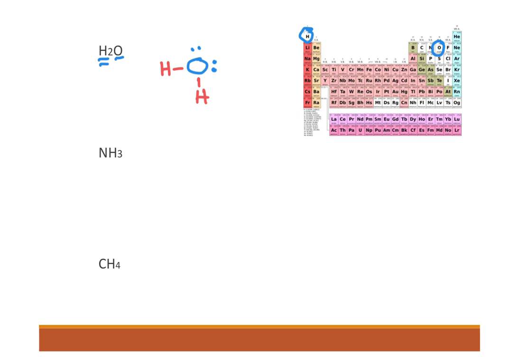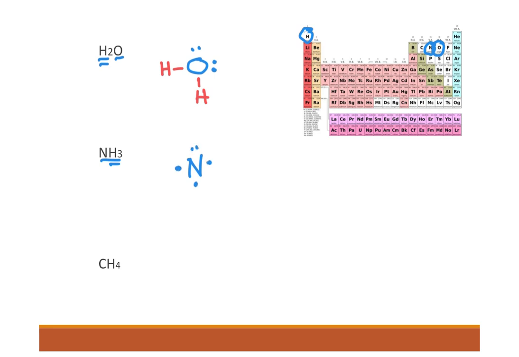How about NH3? Nitrogen is right next to oxygen, so it's only going to have 5 valence electrons. It's going to need 3 more, and again, each hydrogen has 1 electron and is looking for another electron to be stable. So nitrogen is going to be our central atom, and we'll show our 5 electrons around it.